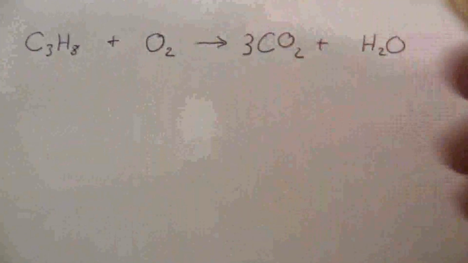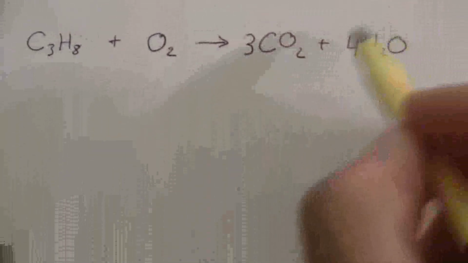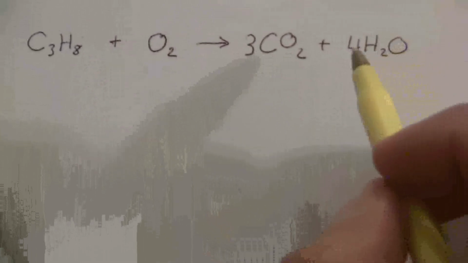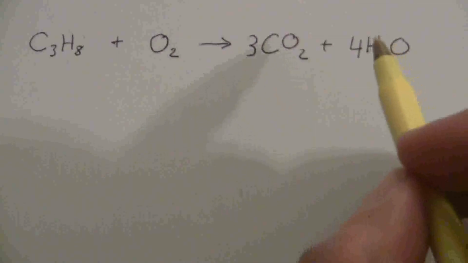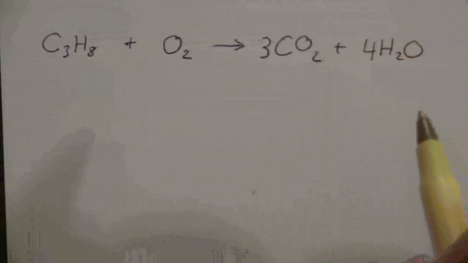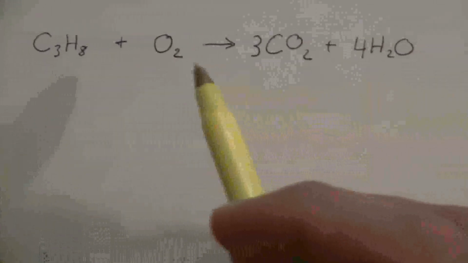Instead of all of them being in 1 molecule, they will be in 4 separate water molecules. 4 because each water molecule has 2 hydrogen, so that gives me a total of 8 hydrogen atoms among those 4 water molecules.